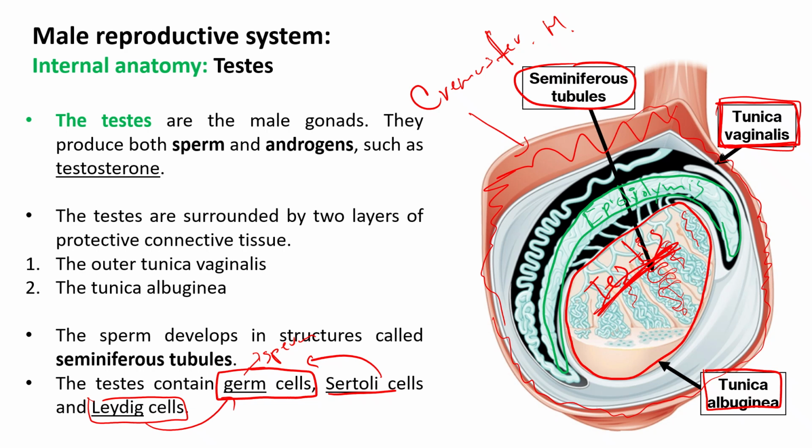So the epididymis is contained within the tunica vaginalis, and the epididymis also connects with a singular tube or duct called the vas deferens.